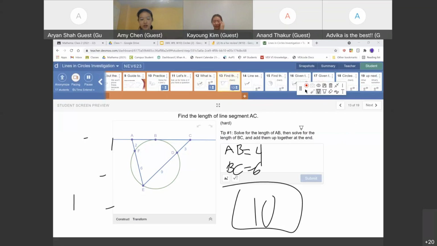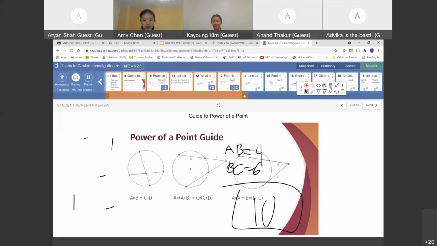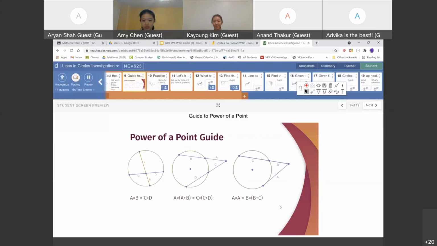Here, let me go back a couple of slides. This is the third formula, because this falls into the category where one of them is touching the circle and one of them is crossing into the circle. So this would be this formula here. Okay, any other questions?